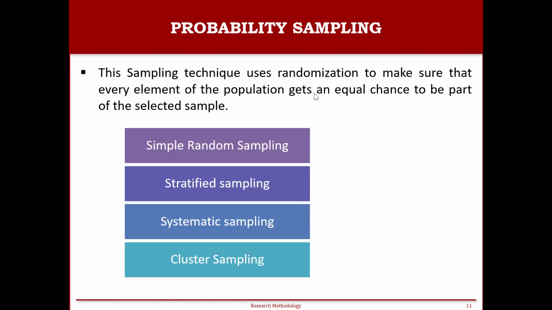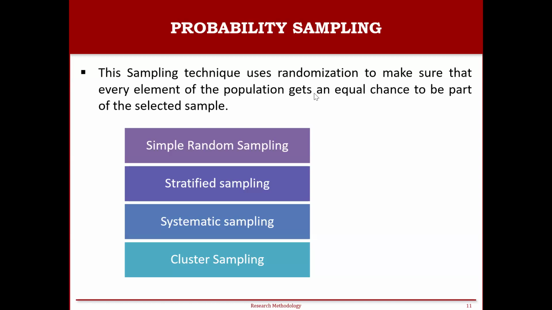Sometimes you may have heard these terms. Simple random sampling is actually the most basic type of probability sampling. Although stratified, systematic, and cluster sampling may be new to you, you may at least have heard the term simple random sampling. That is the most common and basic type of probability sampling.